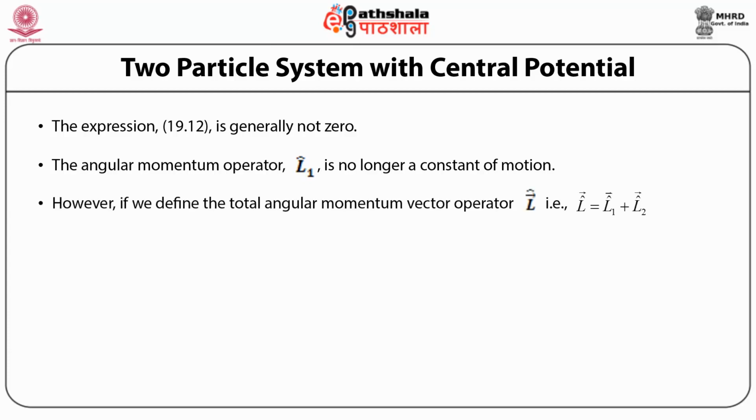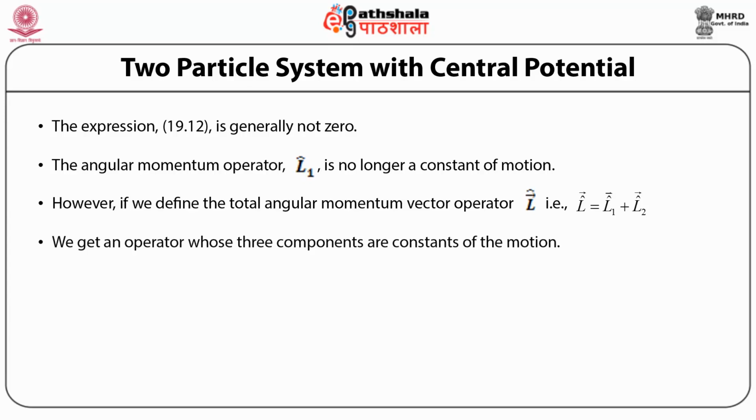However, if we define the total angular momentum vector operator L, that is, operator L is equal to operator L1 plus operator L2, we get an operator whose three components are constants of the motion.